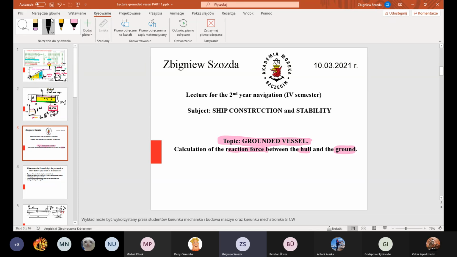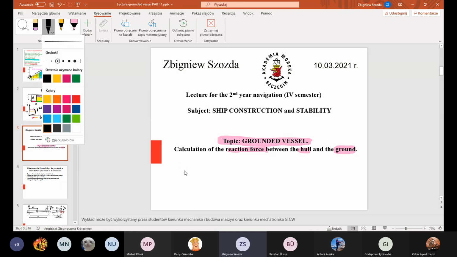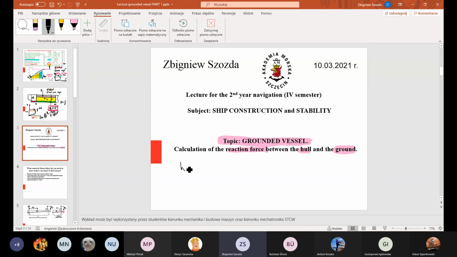If you consider the third semester, we usually say that there were two forces acting on our ship: weight related to gravity. The second force was displacement related to water pressure acting on hull plates.